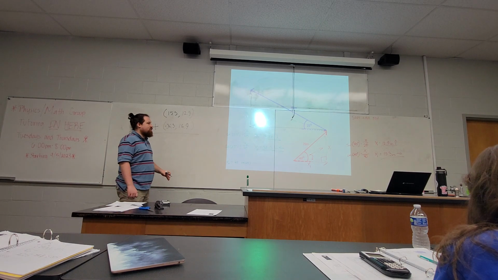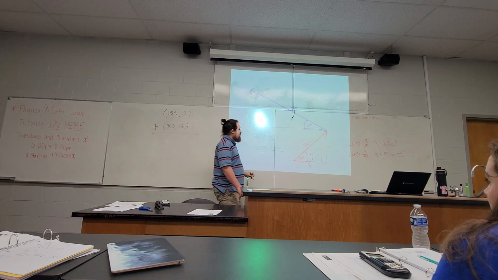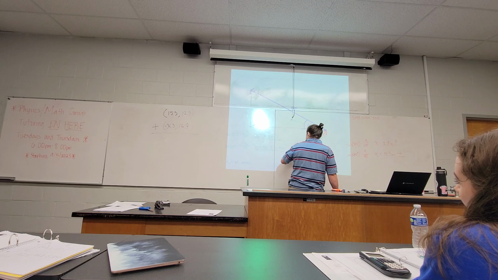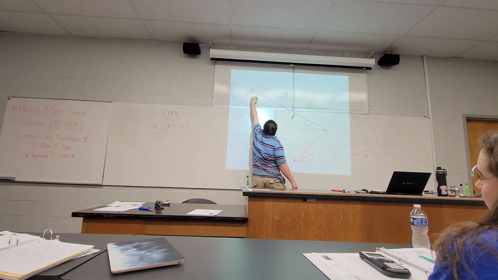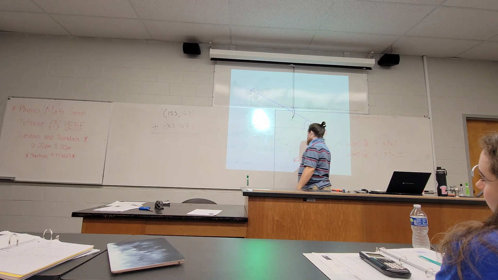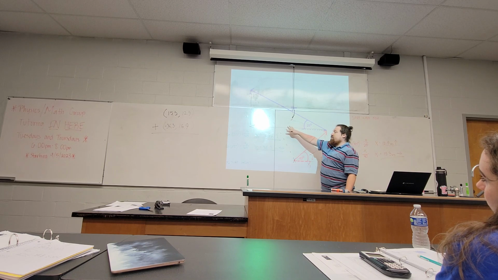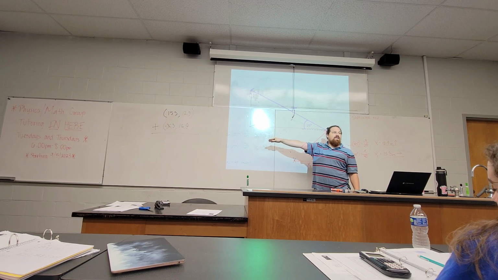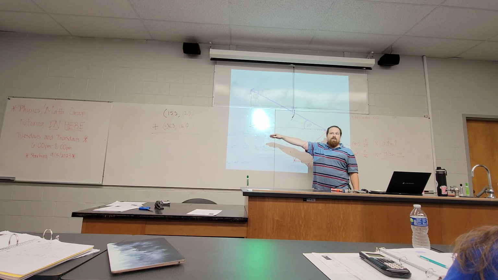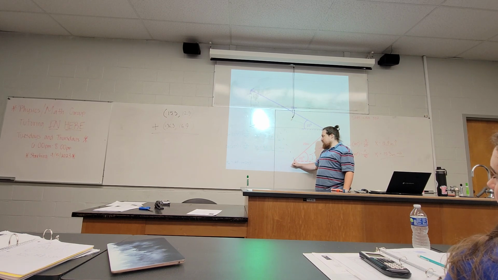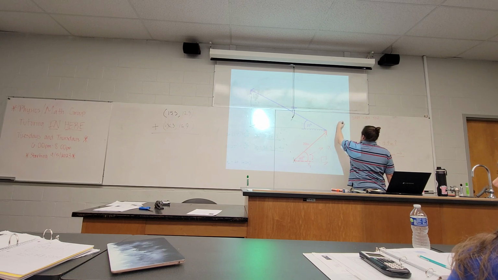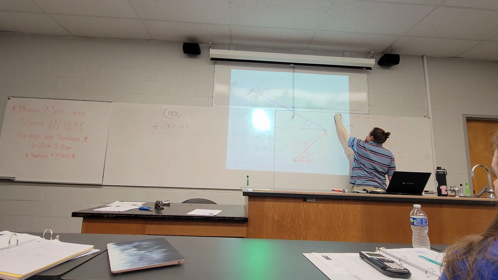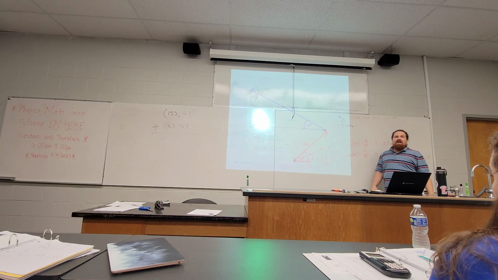We know the answer is supposed to be negative x, because if I do actually draw in the final vector, so from start to finish, this is the vector we're trying to find, is that dotted line. It still points in the negative x direction, right? If this is our origin and we assume on a traditional Cartesian plane, left is negative x, right?